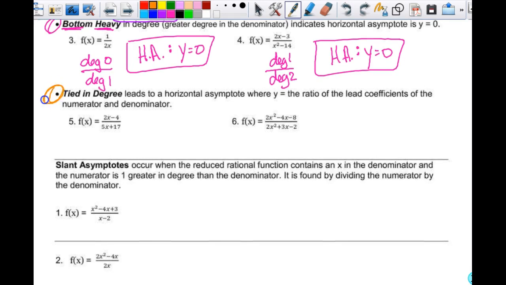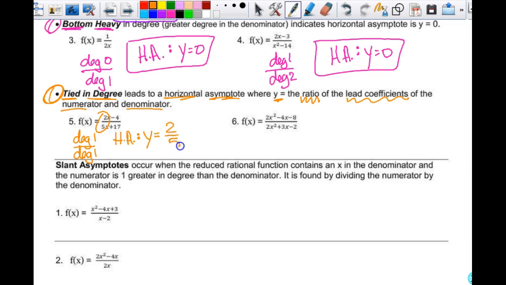If they are tied in degree, so this is degree 1 over degree 1, then it leads to a horizontal asymptote where y equals the ratio of the lead coefficients of the numerator and denominator. Lead coefficient is 2 and 5, so that means my horizontal asymptote is that y equals what? 2/5.